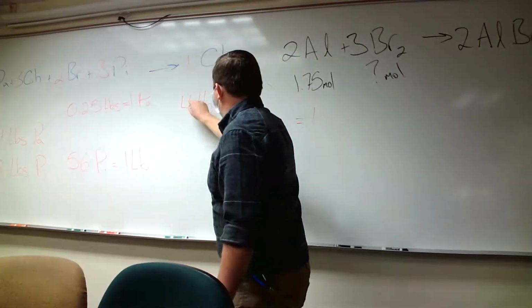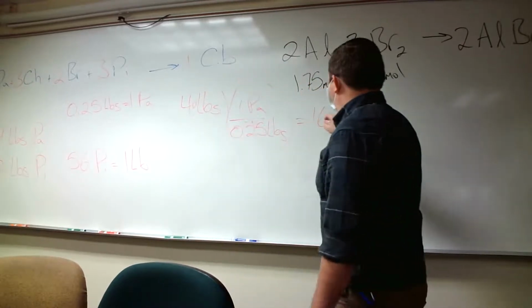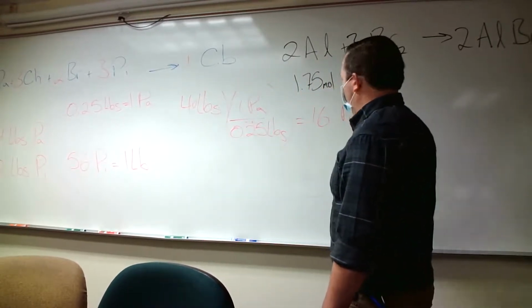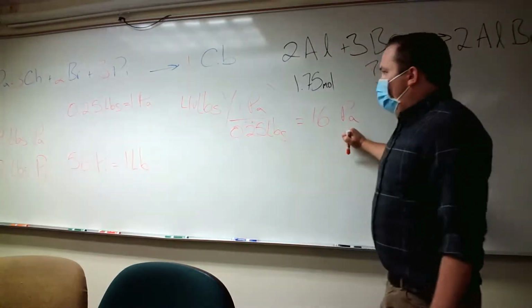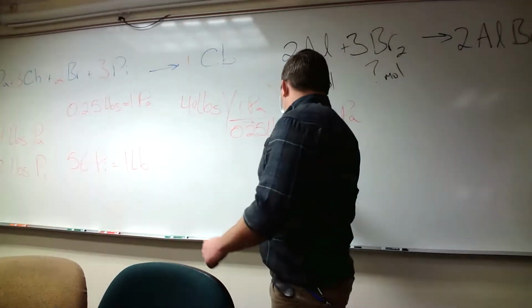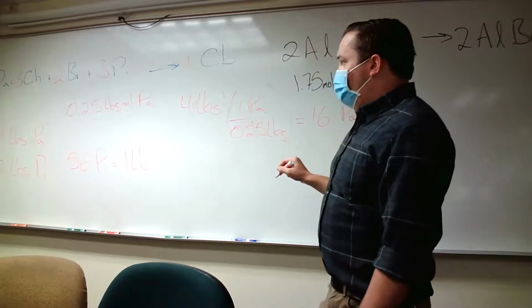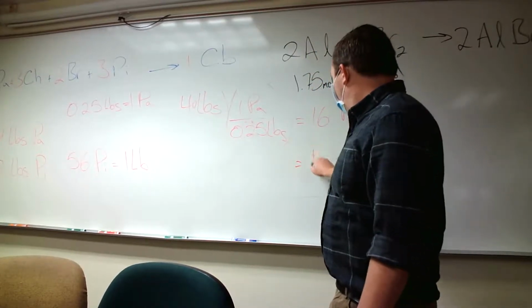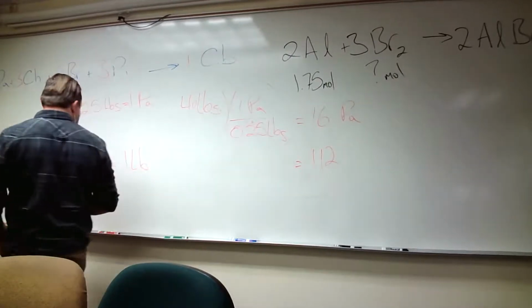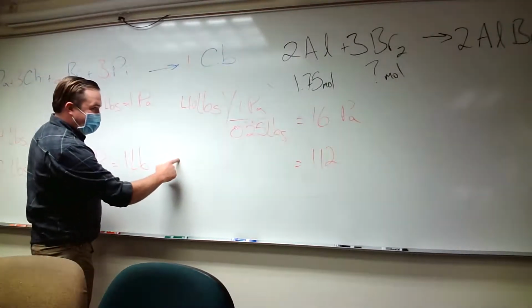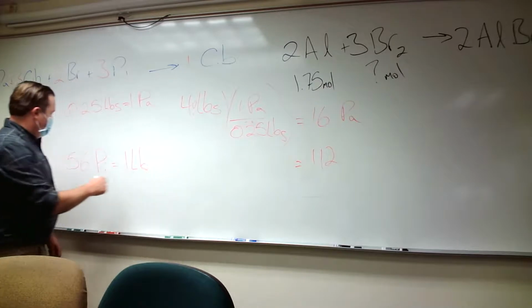Call it 2 sig figs. 164. No, wait. That's 16. 112. I'm sorry. I did 41 for some reason. 41, that's not even all that close. 16 pounds. I mean, 16. God, I can't speak today.